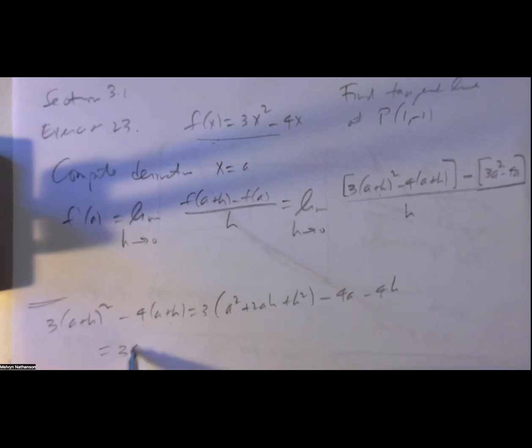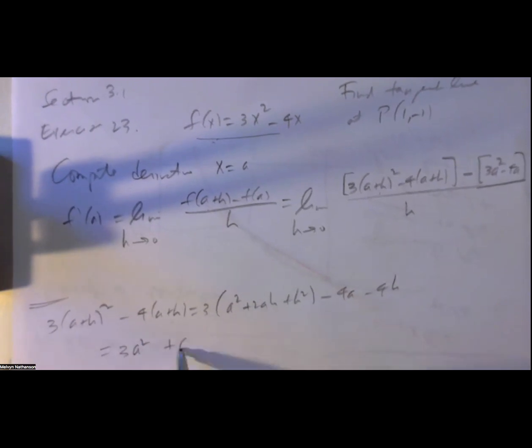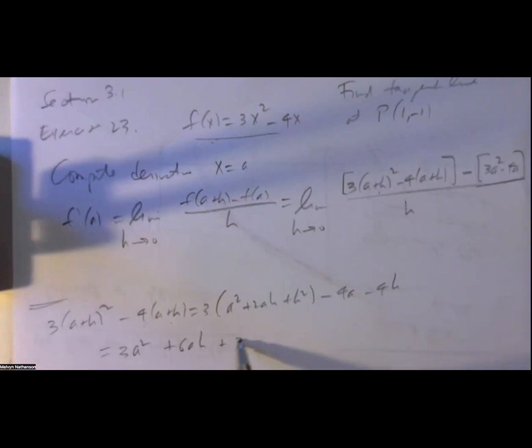So this is 3a squared plus 6ah plus 3h squared minus 4a minus 4h. That's this expression in brackets.